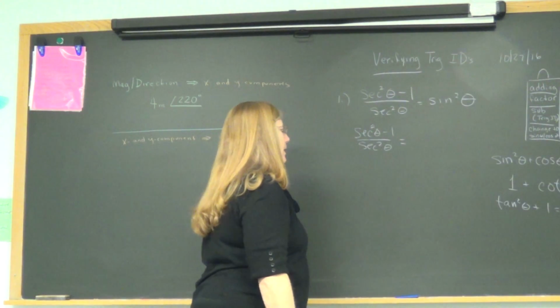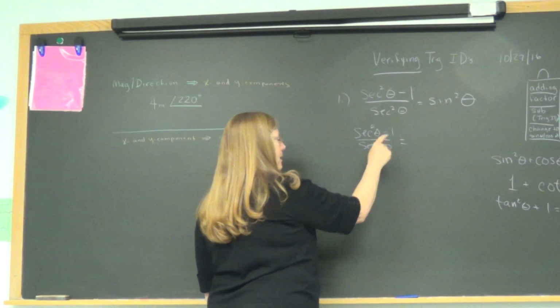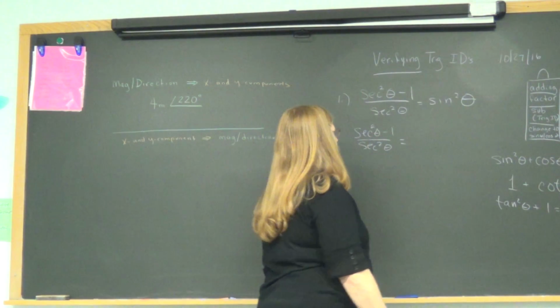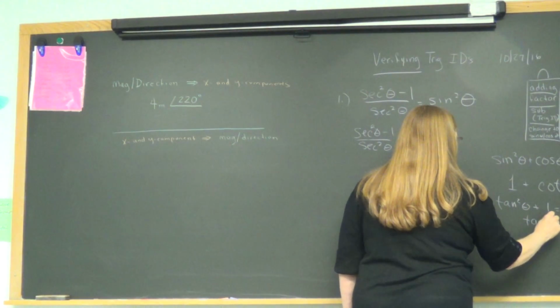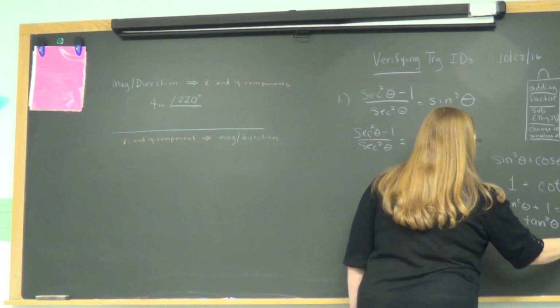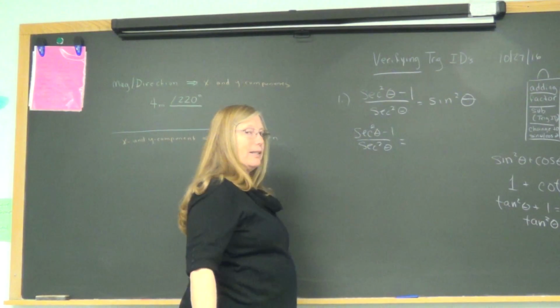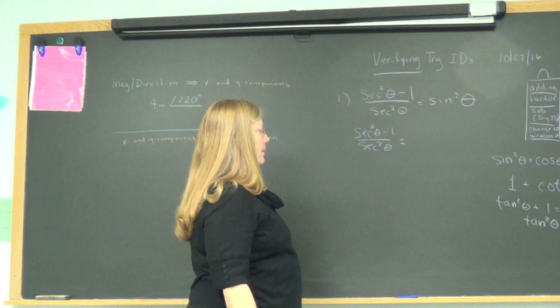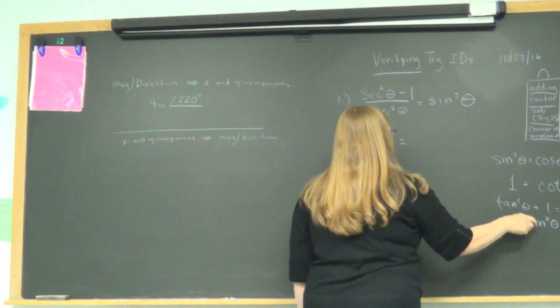Alright, so now I see this trig ID has sine squared, secant squared and 1 in it. So I'm going to move the 1 to the other side. And now I see exactly this expression. So I'm going to go ahead and substitute because secant squared minus 1 is tangent squared.